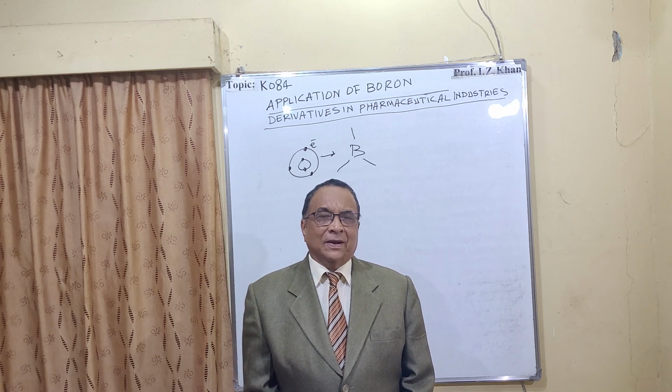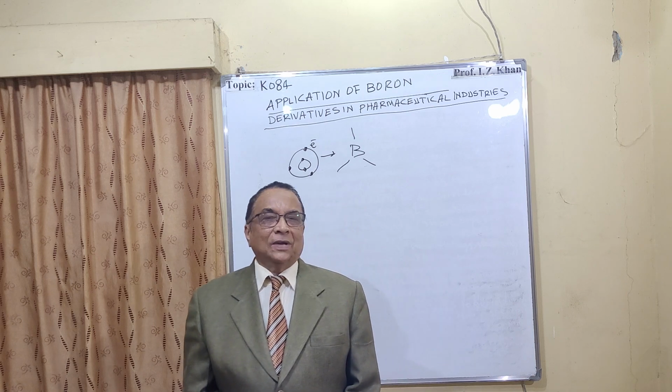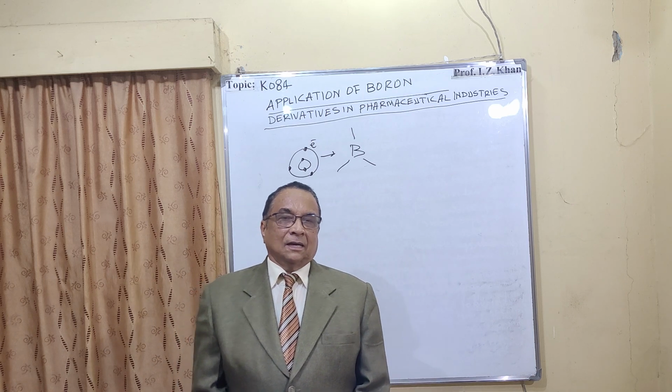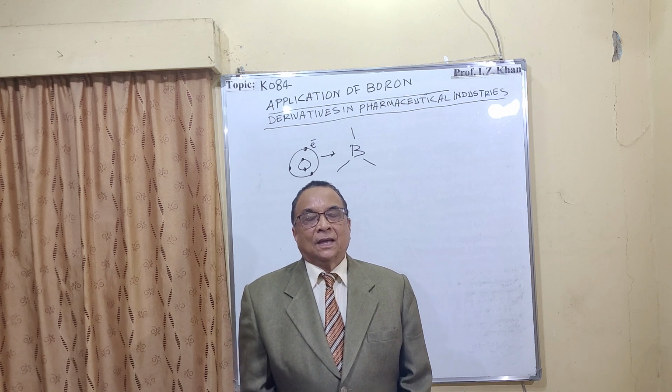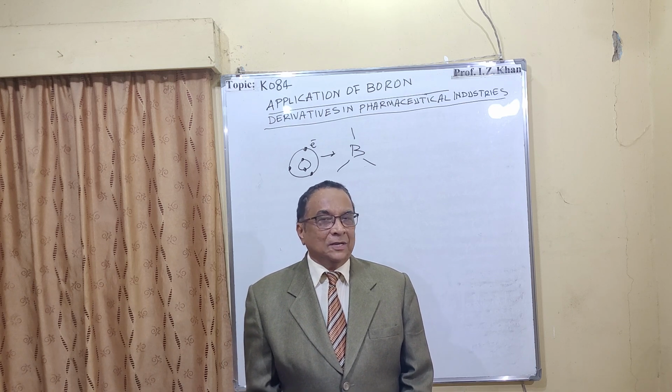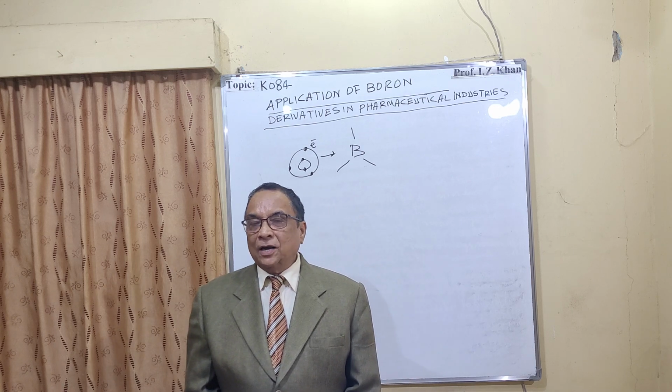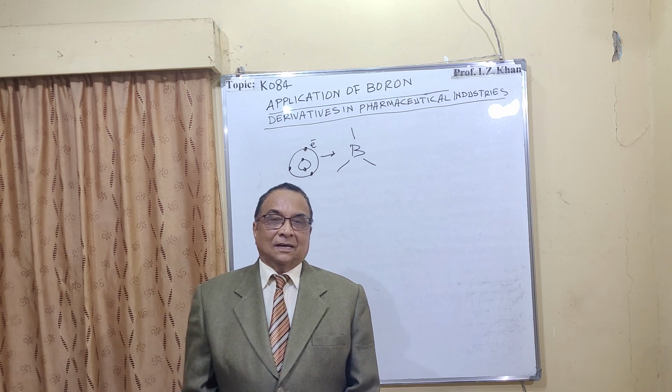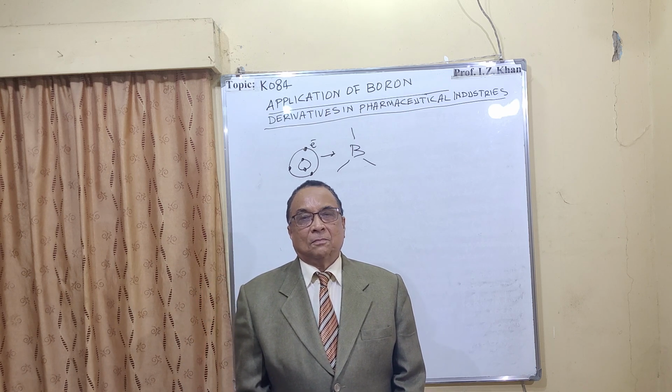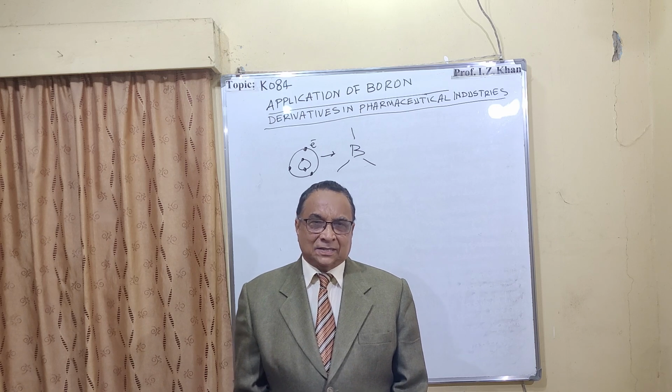A lot of derivatives are there, but here we are mainly concerned with the boric acid derivative, because it is very medicinal and has a lot of pharmaceutical uses in all the pharmaceutical industries.